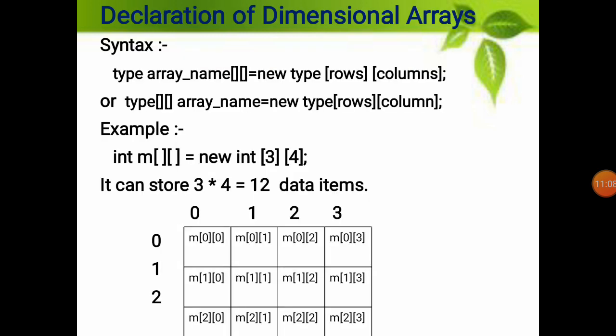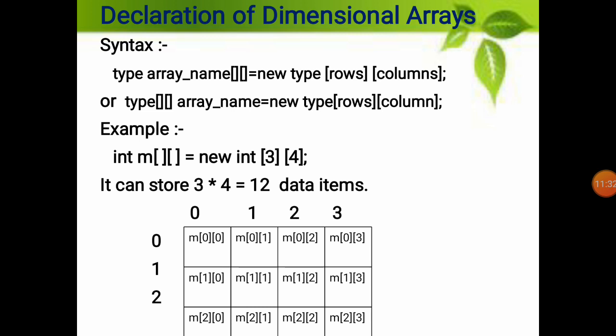Now, declaration of a double dimension array. The syntax for declaration of a double dimension array is type, then array name, then two square brackets, then new, then type, then rows in the square bracket, then in the second square bracket the columns.